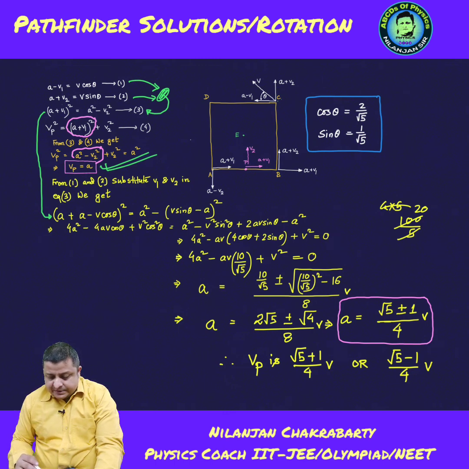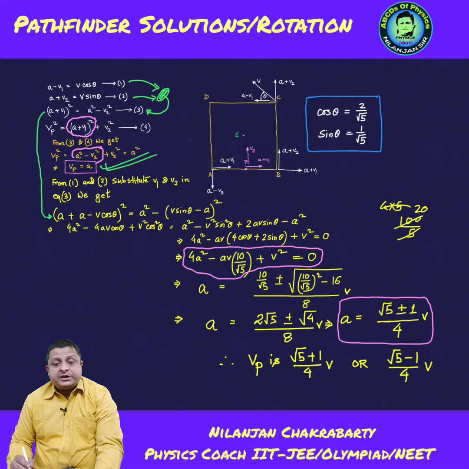So ultimately you get something like that. And then that's a quadratic equation in A, and you solve this quadratic equation, you get A. So that's the final solution of A.